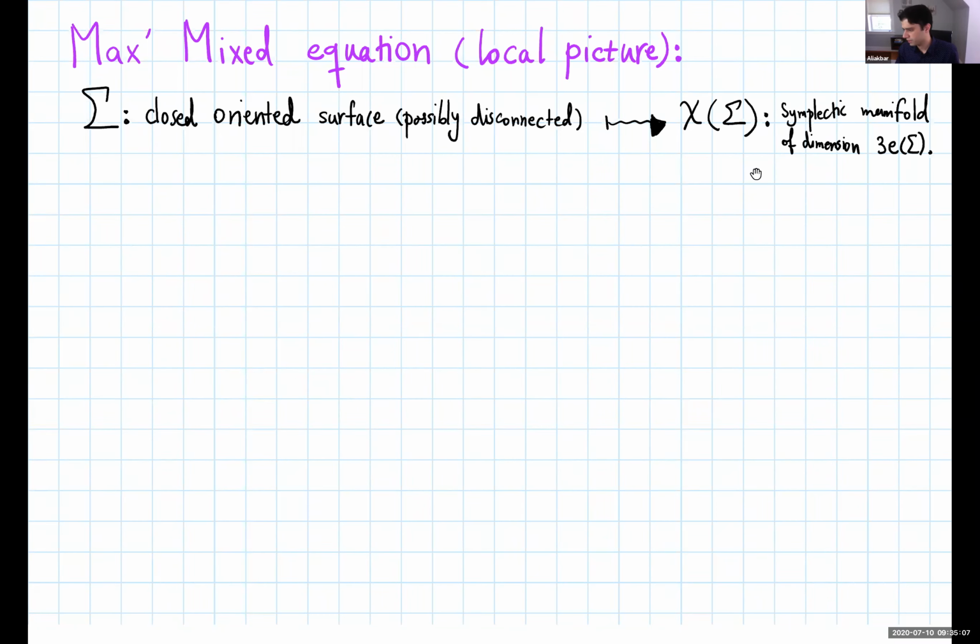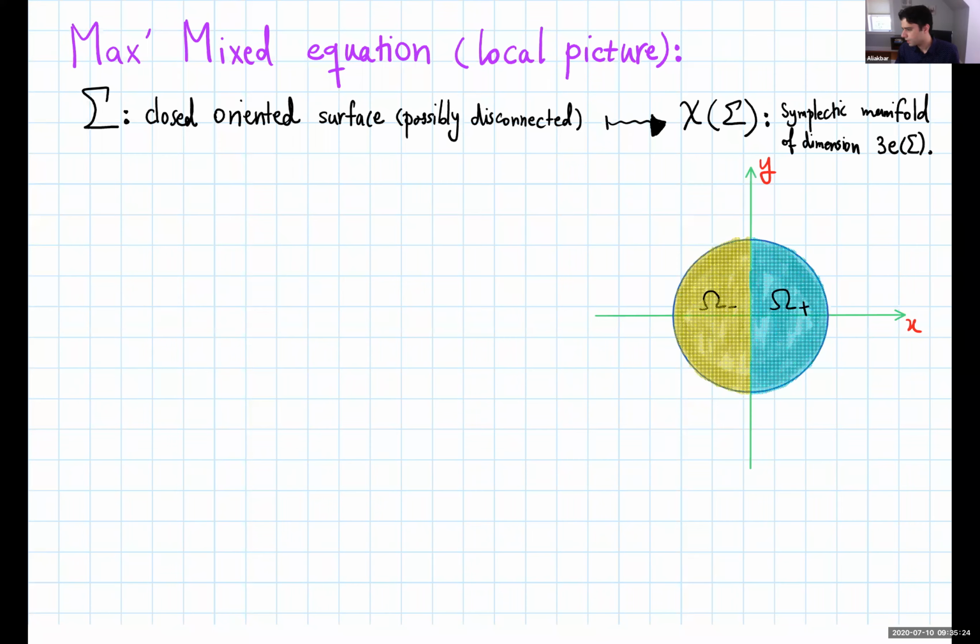And to this we can look at the associated character variety, which in our case is going to be exactly chi of sigma_g, but the two connected components could have, for example, different genus, it could be more than 1. We look at this region inside the complex line. So we look at the unit disk in C.